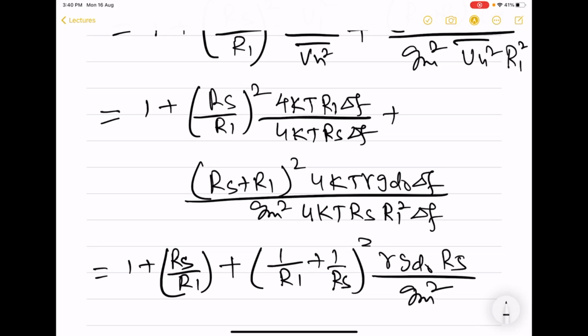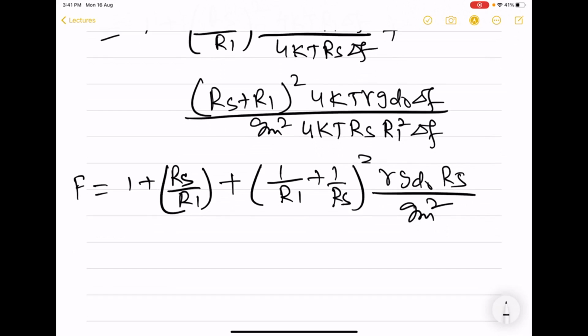So this is what we will get when we carry out the complete derivation. So this is the noise factor for the resistively terminated LNA.